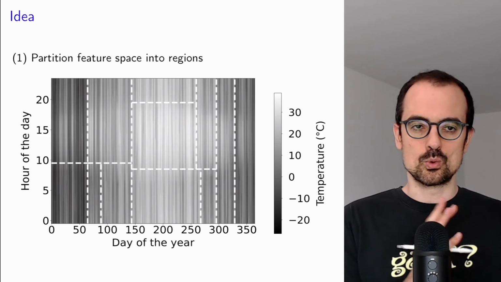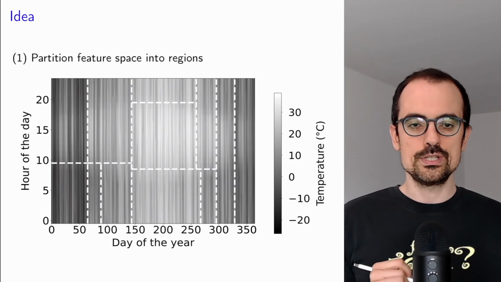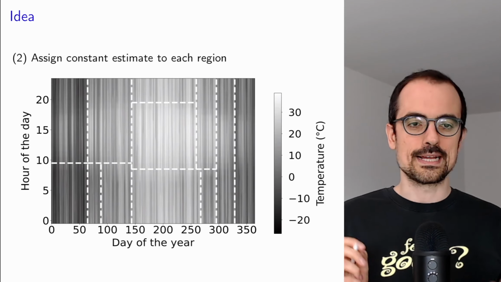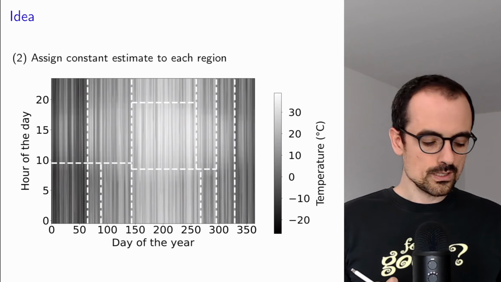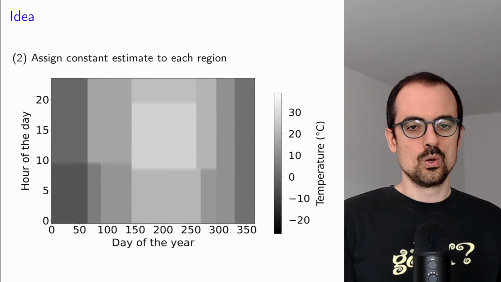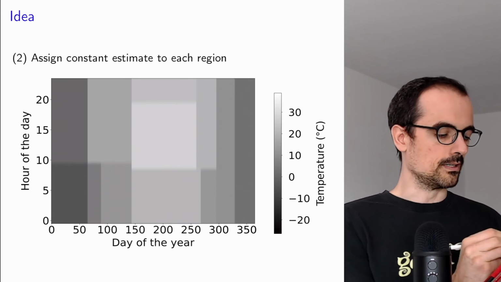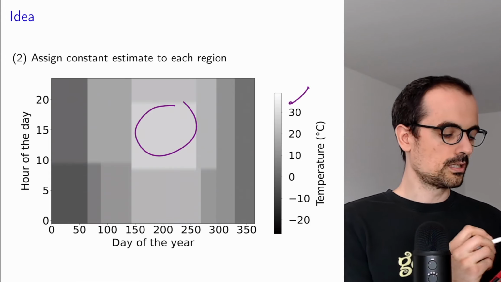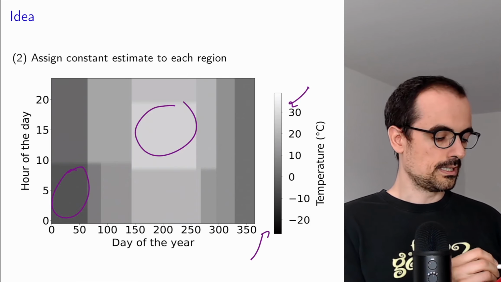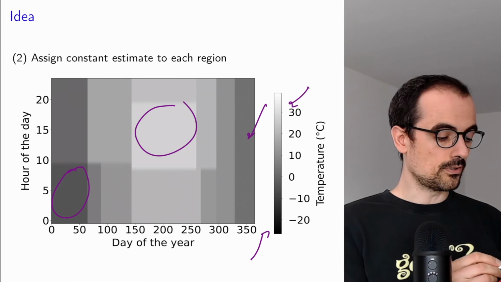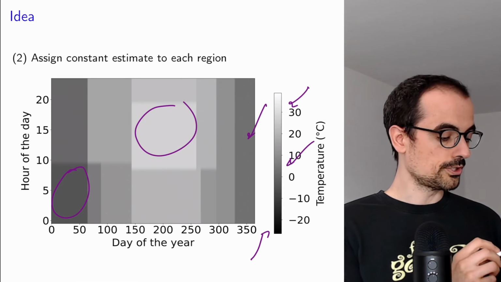assume that we have been able to cut the feature space into regions, and then we can assign a constant estimate to each region. This would look something like this, where here in the summer, we're saying it's hot. We're saying that here at night in the winter, it's cold. During the fall, it's cold also.